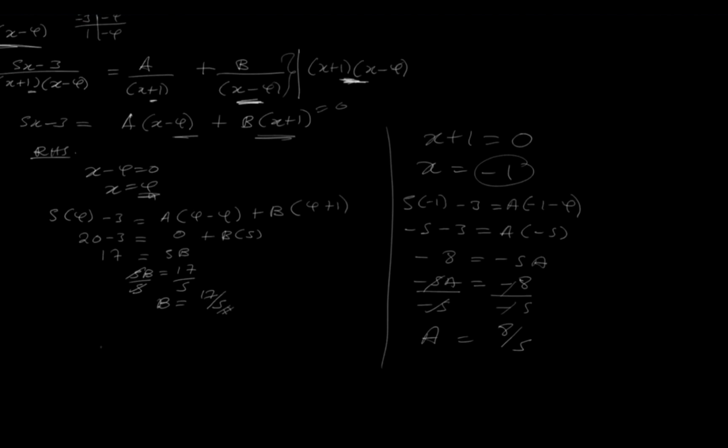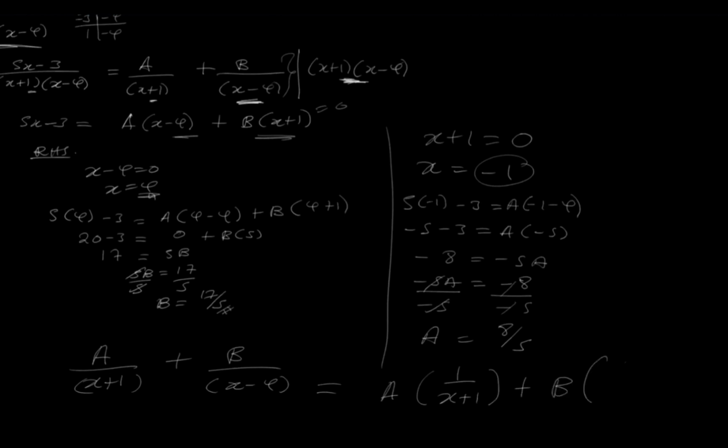So remember, if I have A over (x plus 1) plus B over (x minus 4), I can also write it as A times 1 over what? (x plus 1) plus B times 1 over (x minus what? 4). You are allowed to do this.